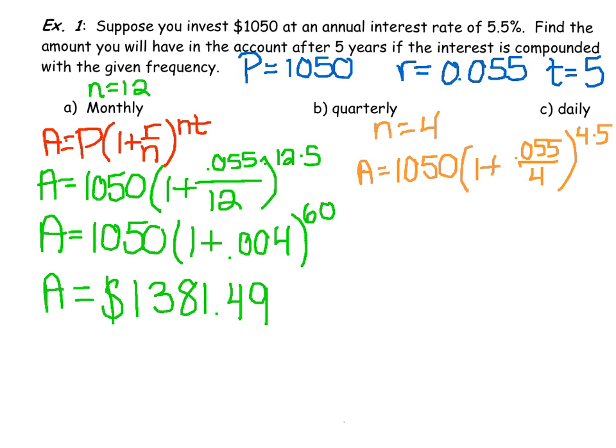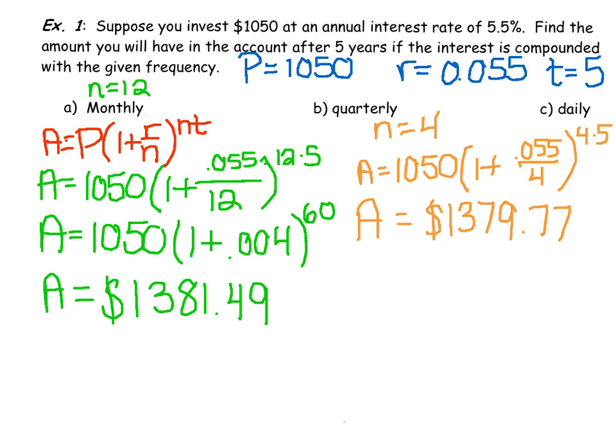So if you put this all in together, you should get hopefully a final answer of, now I want you to pause the video, see if you can find the answer. All right, hopefully you got an answer of $1,379.77.